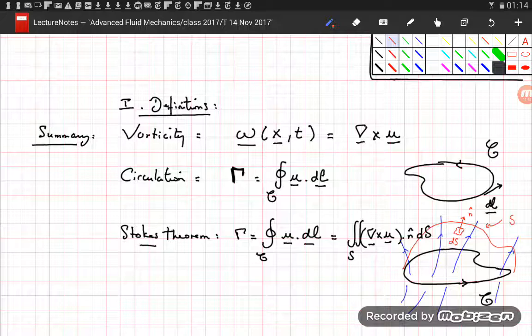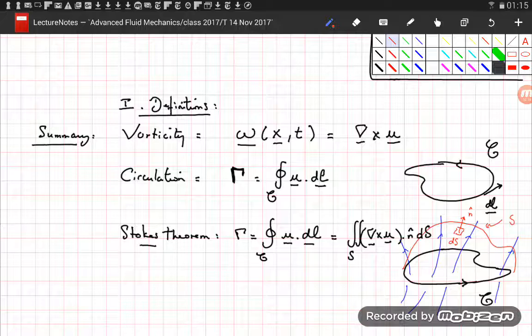And so if you want to think about what the vorticity is, you can think about shrinking this contour C to just a small contour around a single point, and then the vorticity will tell you how big the circulation is on this very tiny contour at a given point. So the vorticity is really a measure of local circulation, of how much a velocity field rotates.